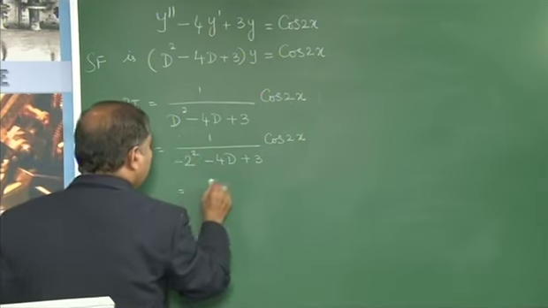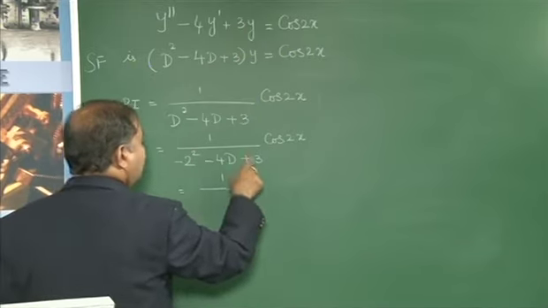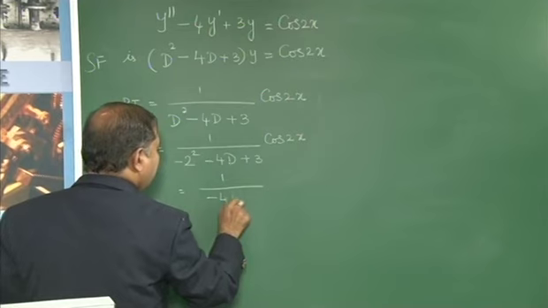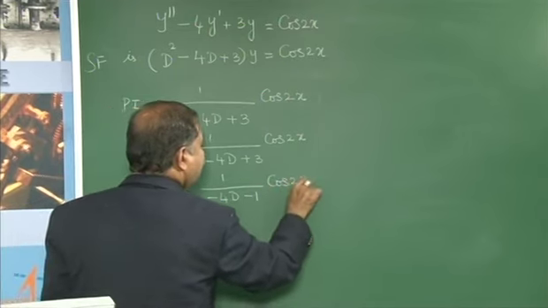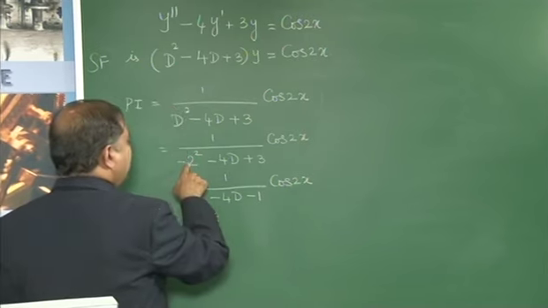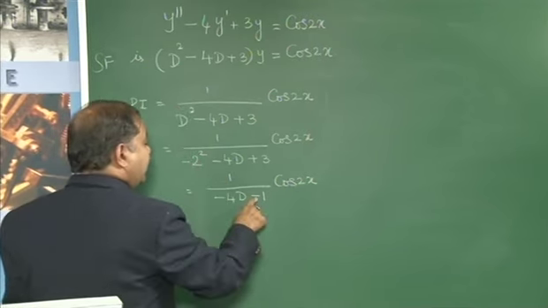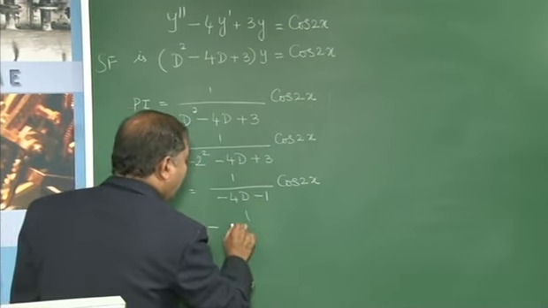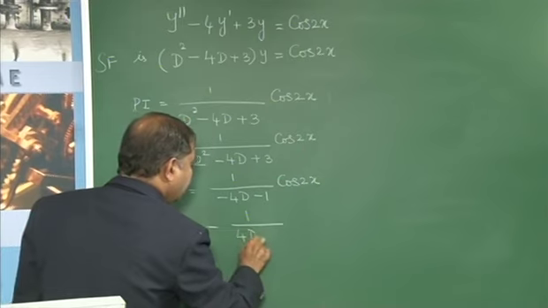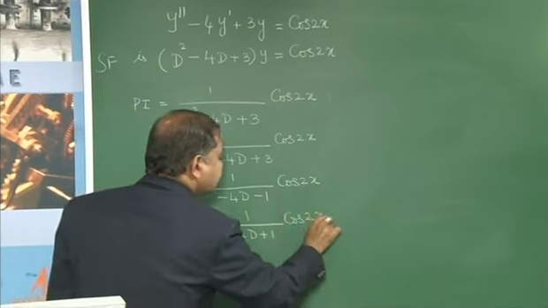Simplify this: 1 divided by minus 4 plus 3. So, you will get minus 1, minus 4 plus 3. If you want, you can take this minus outside: minus 1 by 4d plus 1 cos 2x.